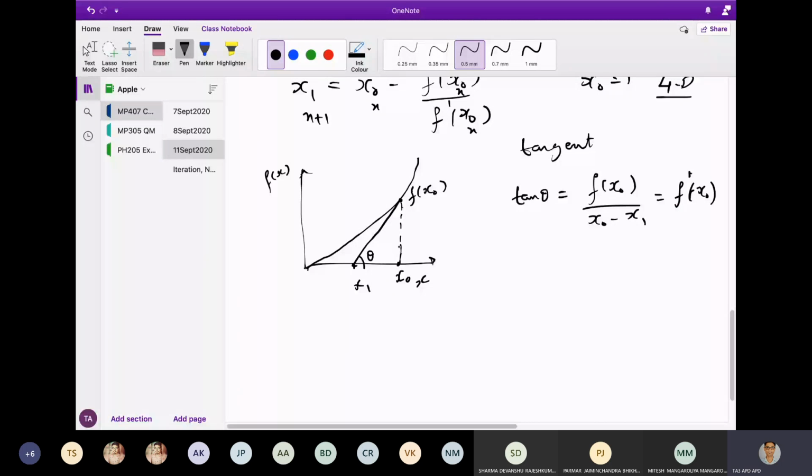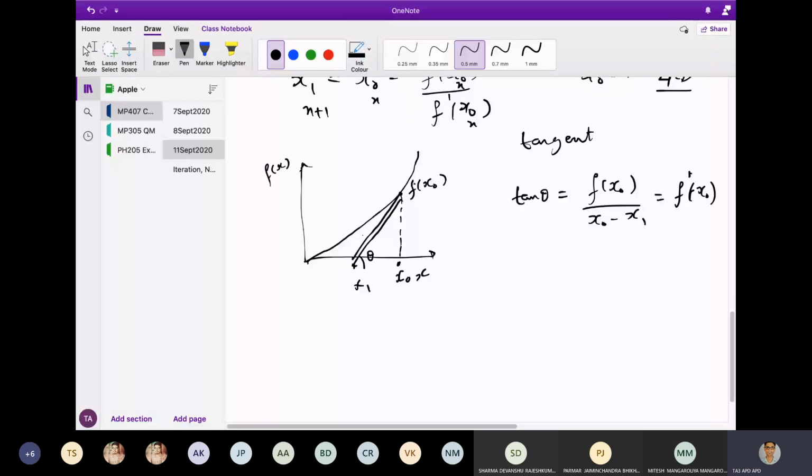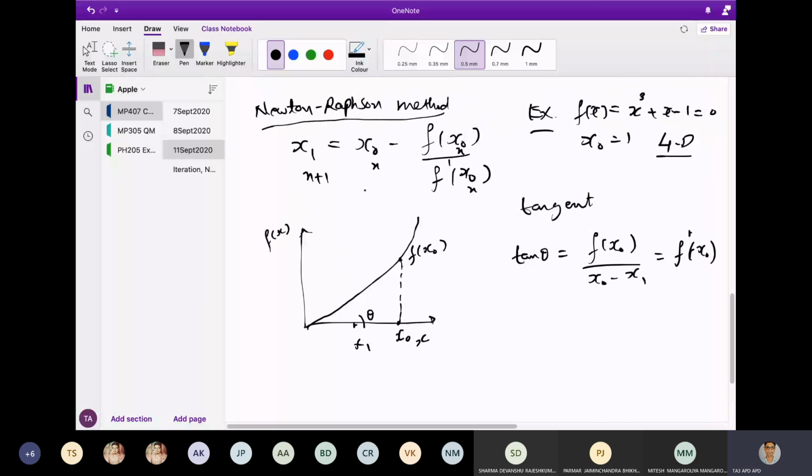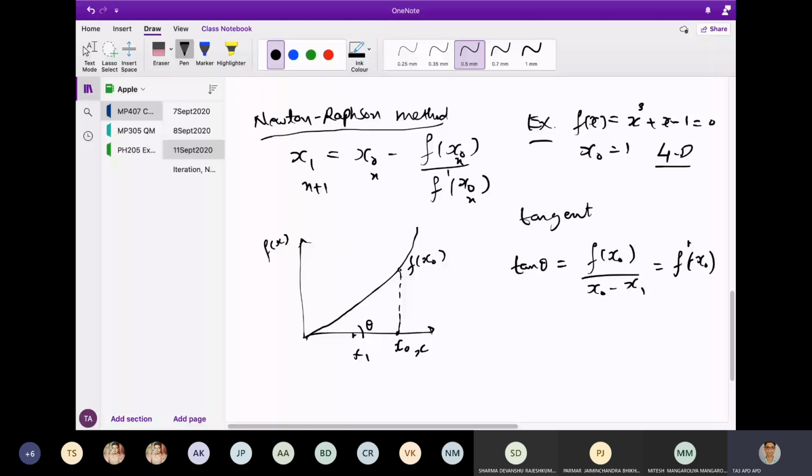All right, so we have this equation, and from this you want to find x1. If you start with some initial guess x naught, then what should be the predicted value of x1? That we have already written over here. x1 equals x naught minus f of x naught divided by f dash x naught.